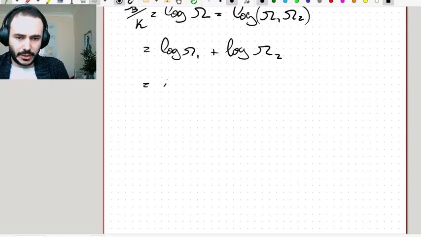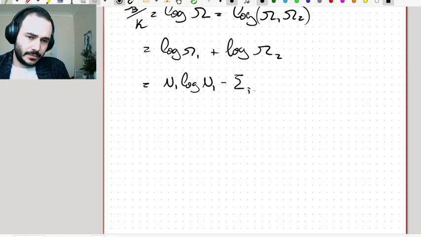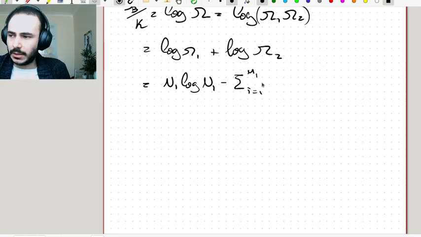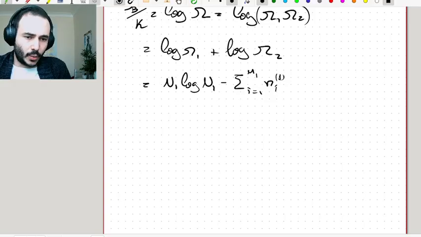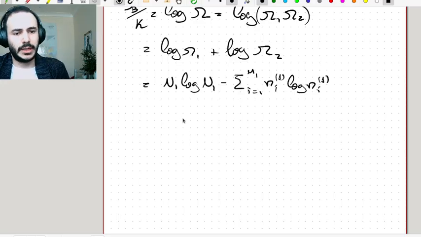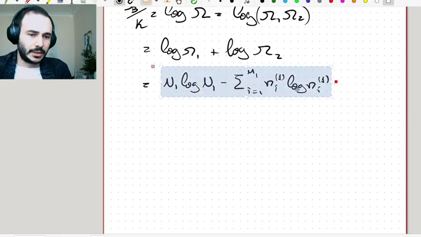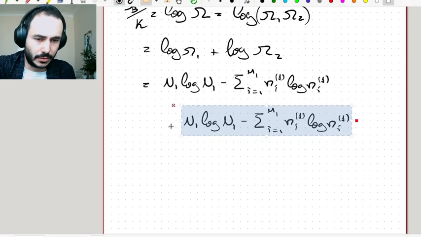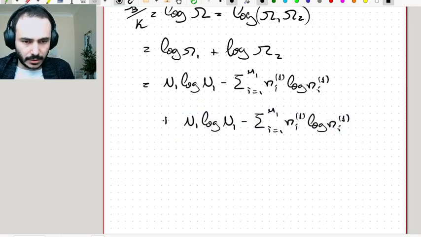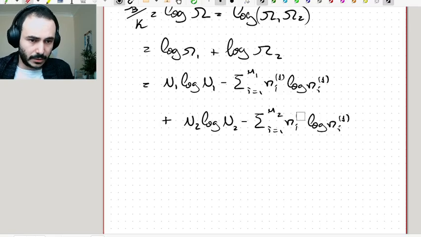For the first one, we will have n1 logarithm of n1 minus the sum from 1 to m1 of n_i1 logarithm of n_i1. And for the second one, it's exactly the same thing, but with subindex and superindex 2. So plus, here it is, same thing. This is a 2, and this is a 2, and this is also a 2.